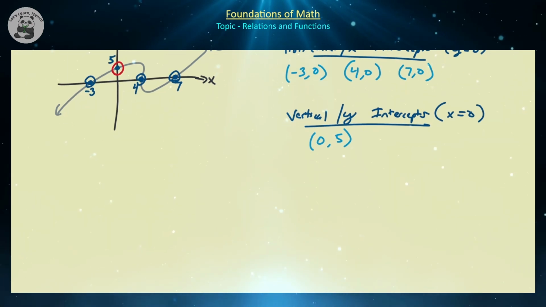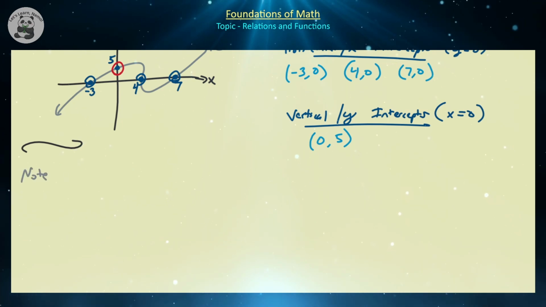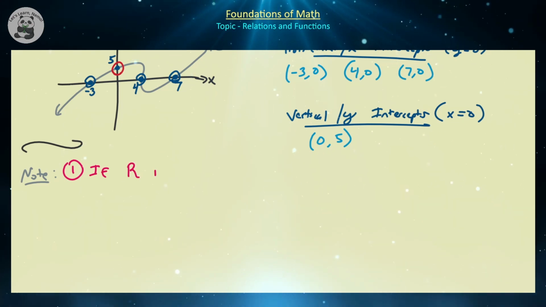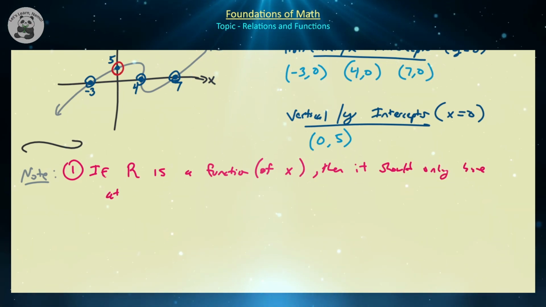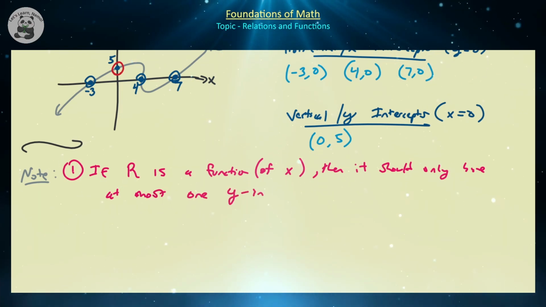A couple of very interesting points that you definitely should be able to note are the following important results. The first one is the following. If R, a relation, is a function of x, then it should only have at most one y-intercept.